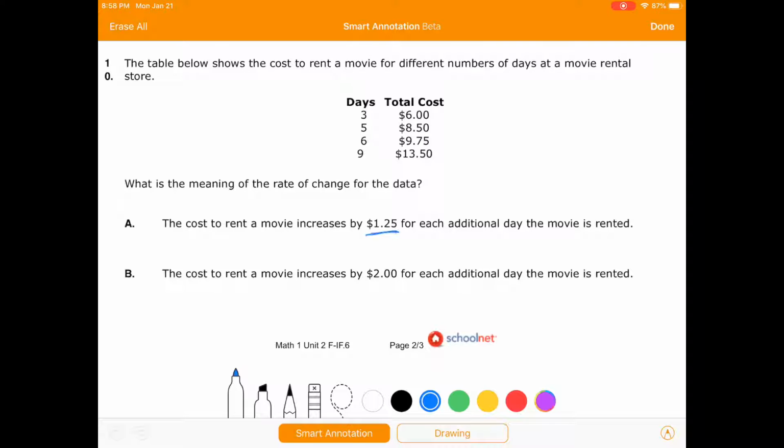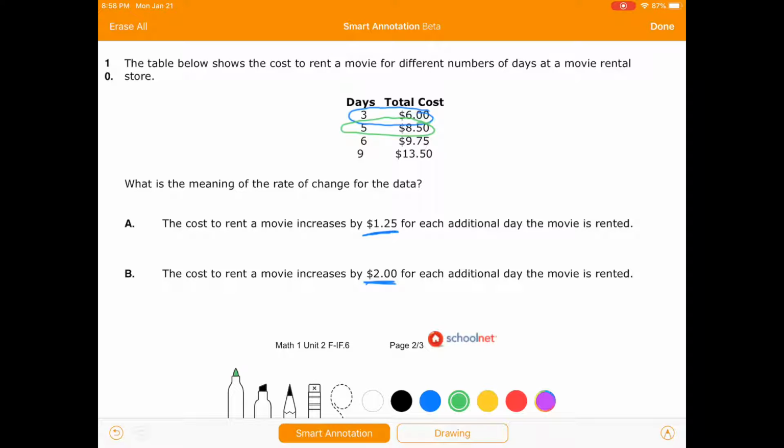We've got to figure out which one we're looking for, the $1.25 or the $2. So we've got 3 days and $6, in between 5 days and $8.50.